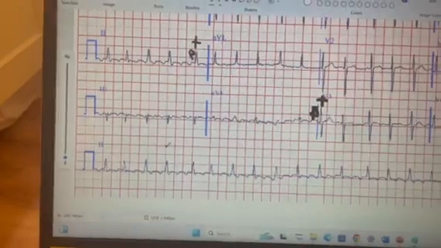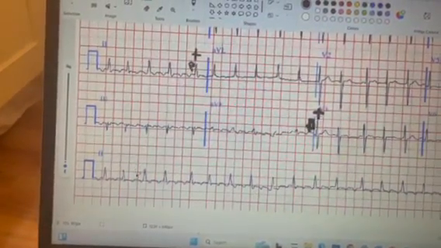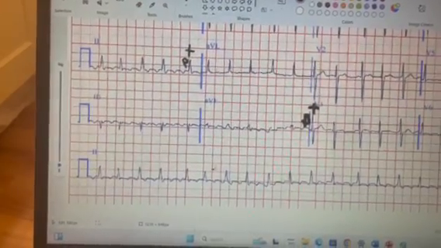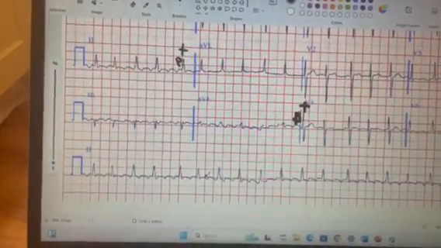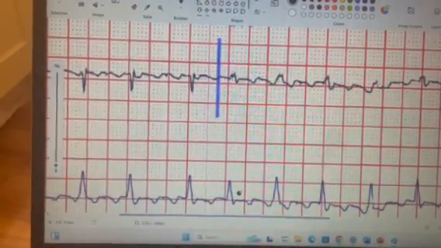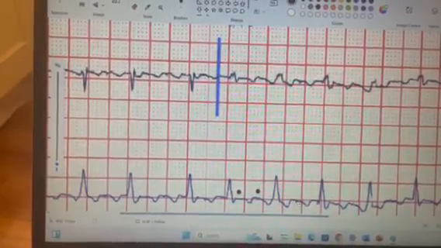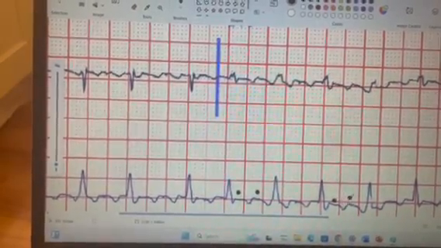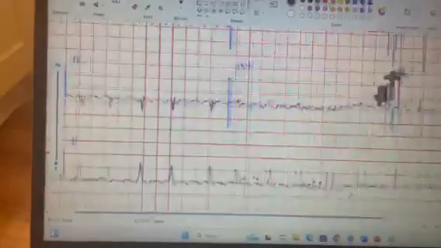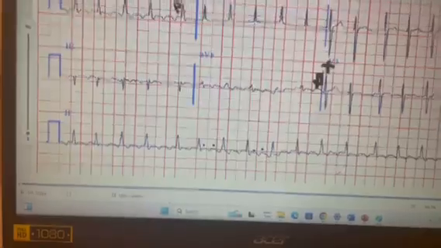If this was a normal one, I'd just go to the P waves and count how many there are. However, this is abnormal. As you can see, there's one P wave, but then there's another P wave, and there are multiple P waves. You can't really identify them clearly enough.